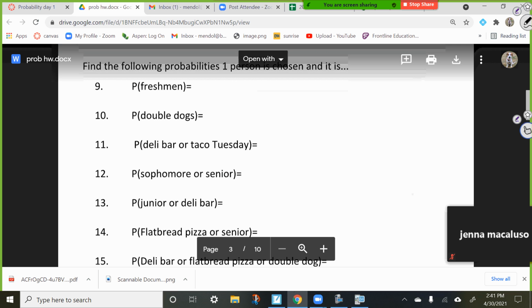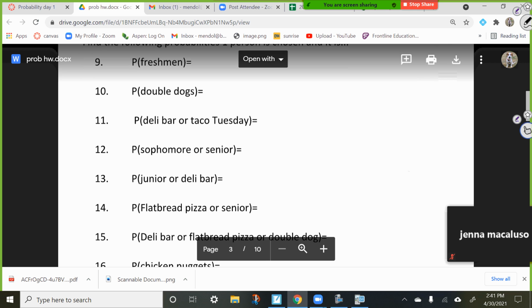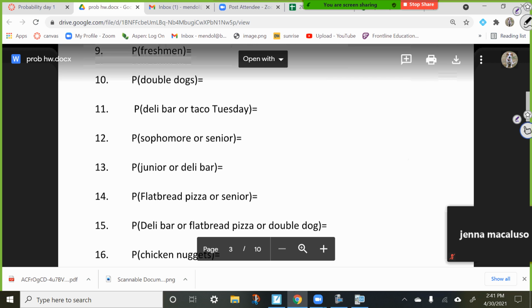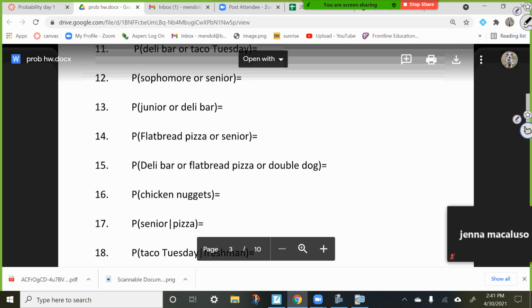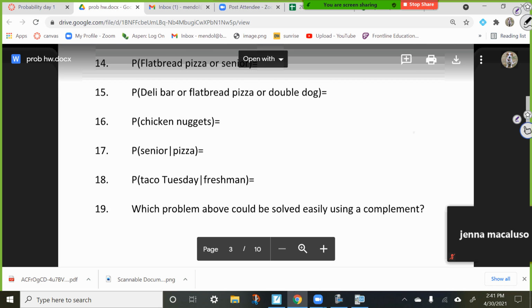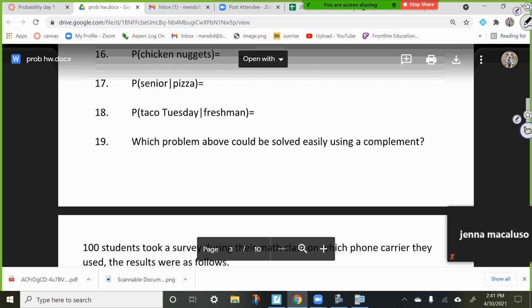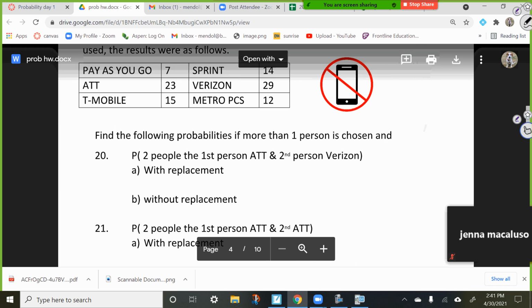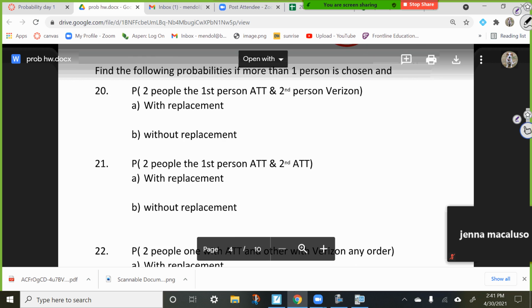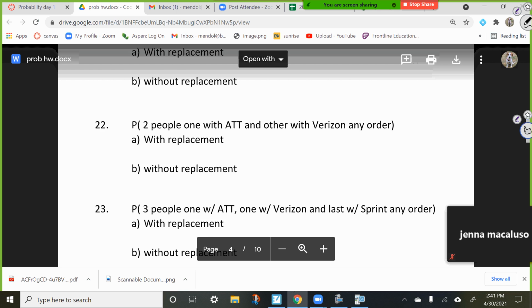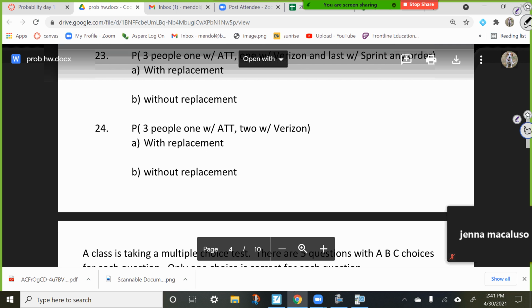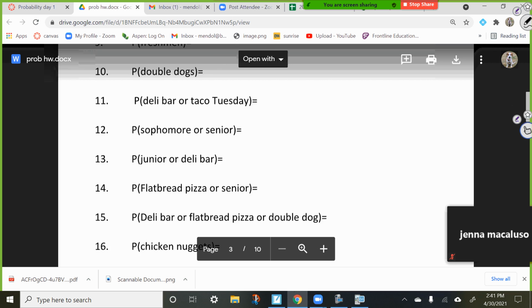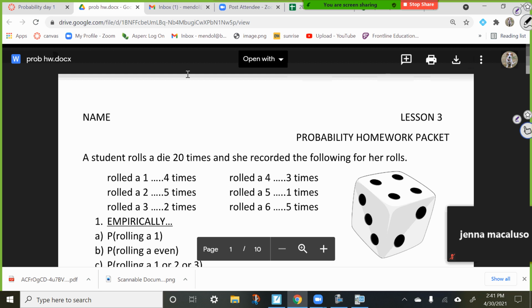You've got the 9 and 10 individual probability, then you've got 11, 12, 13, 14, the ORs, 15 as well. Then you've got some given ones, okay? Actually, I didn't put any and ones in there. We could do the and ones too, but that's okay. No, up to number 18 is fine, okay? So that's what you have to upload for next class.